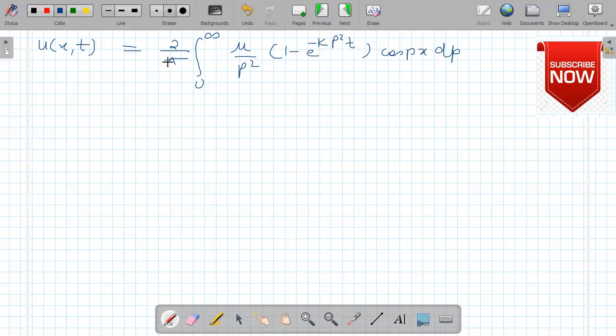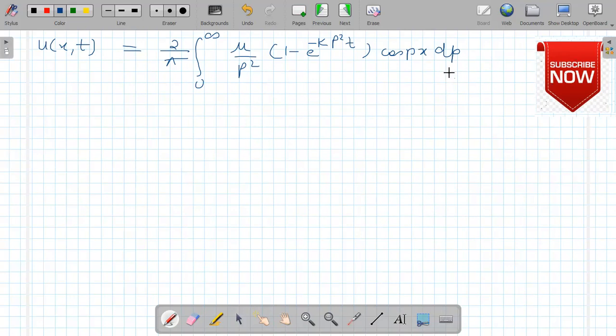Generally, when we take Fourier cosine inverse transform or sine inverse transform, we always get some complicated expression inside the integration. You can see here that both of these are functions of p, and doing the integration of this expression is not so easy.